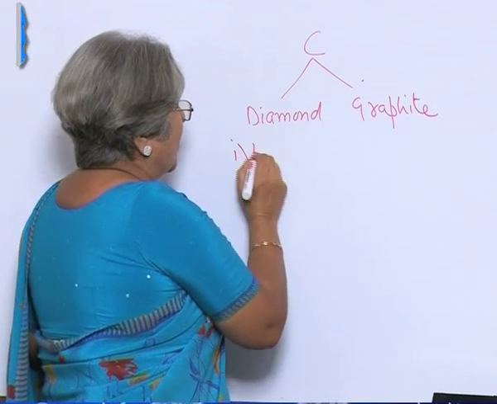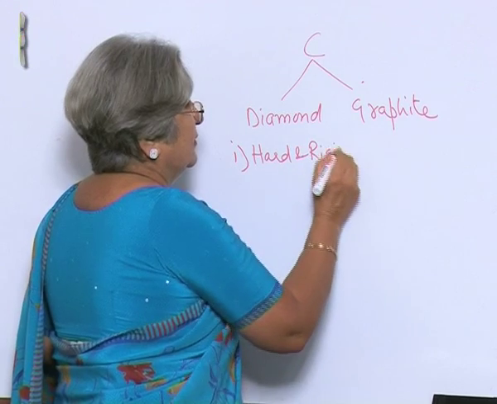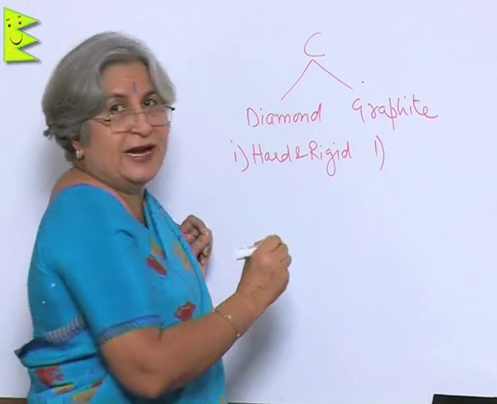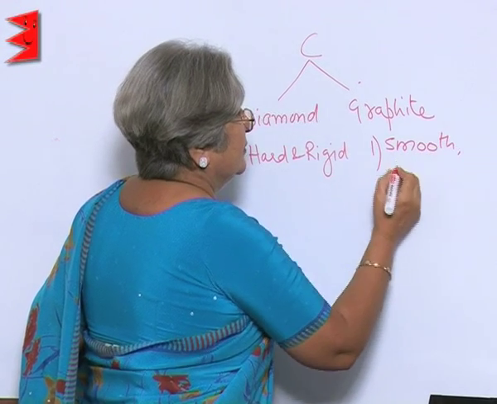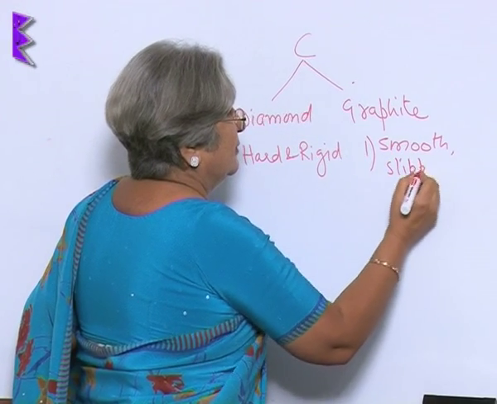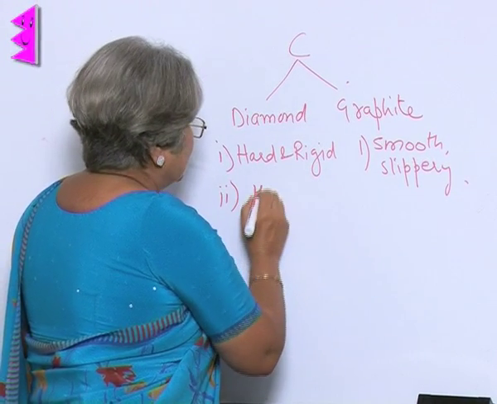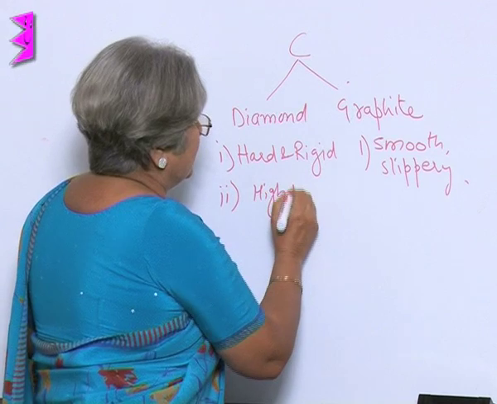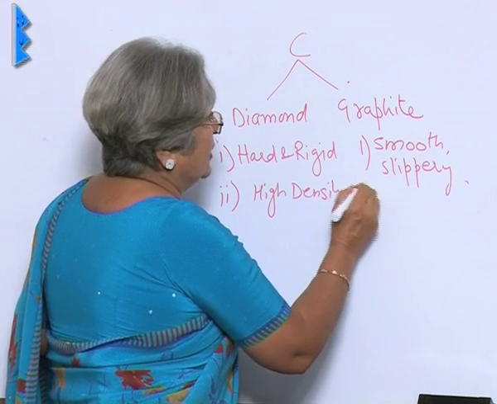Diamond is hard and rigid, while graphite is smooth and slippery. High density, that is why it is hard and rigid. Low density.